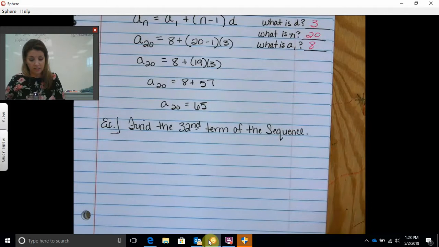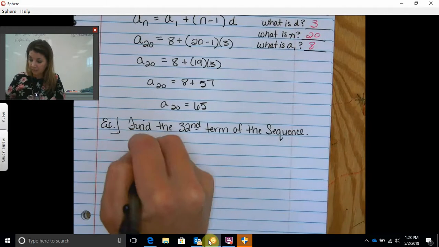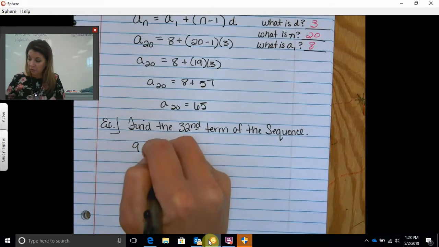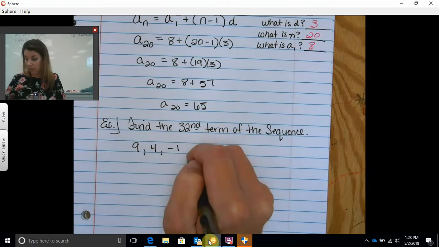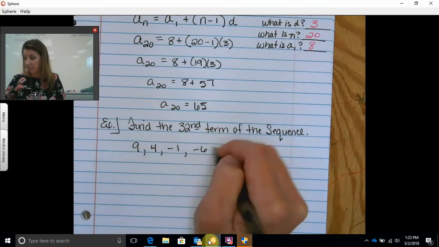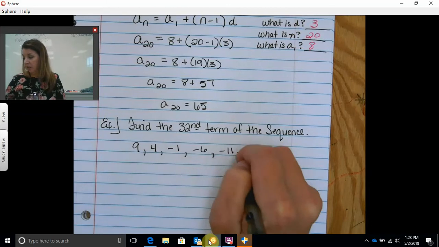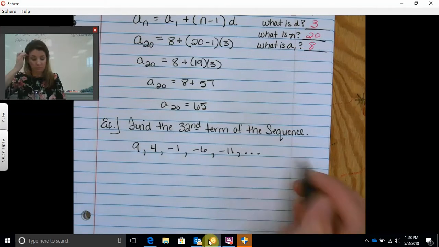And the sequence is 9, 4, -1, -6, -11, dot, dot, dot.